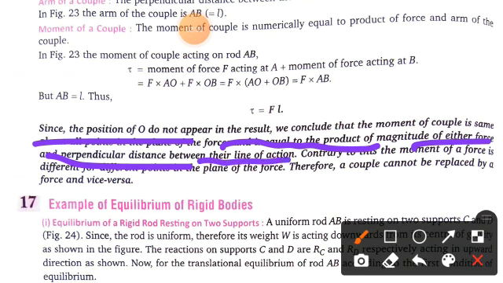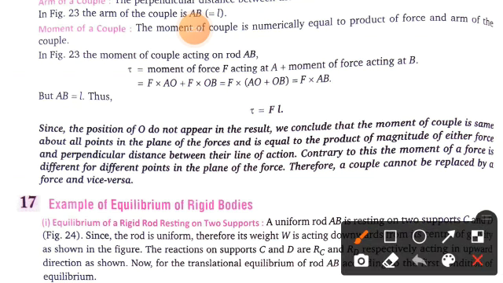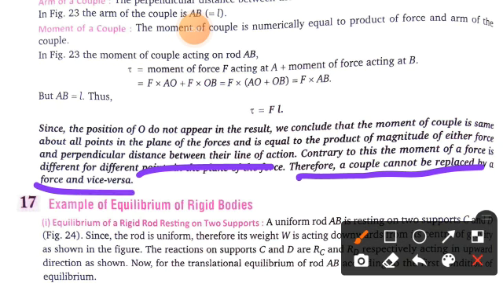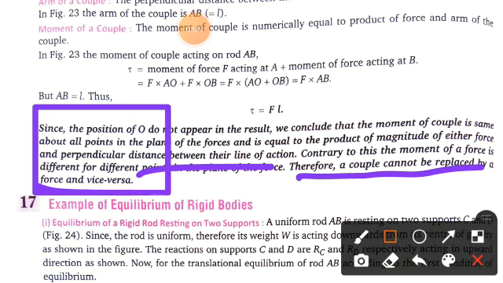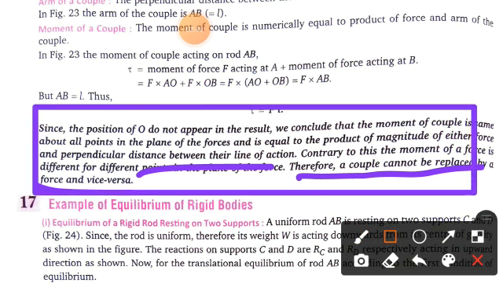Contrary to this, the moment of force is different for different points in the plane of the force. Therefore, a couple cannot be replaced by a force and vice versa. So this is the complete definition of couple.